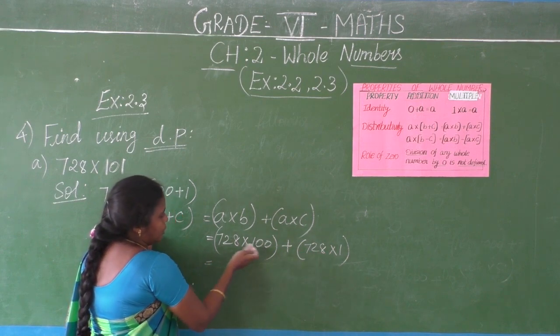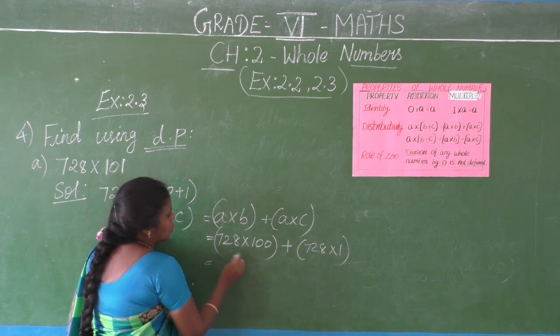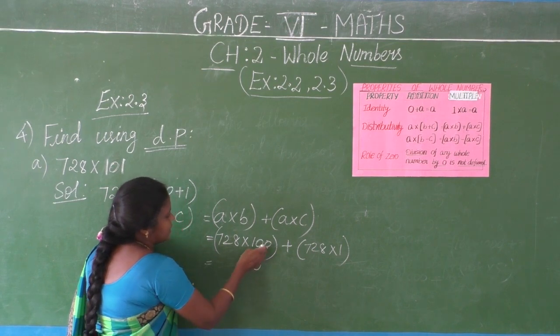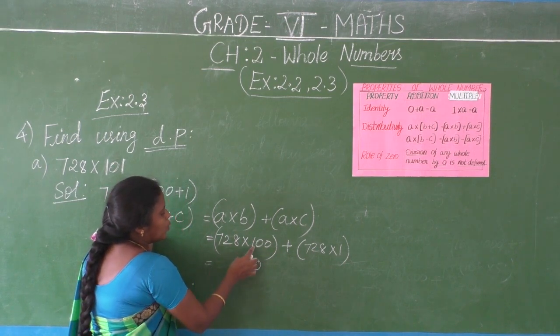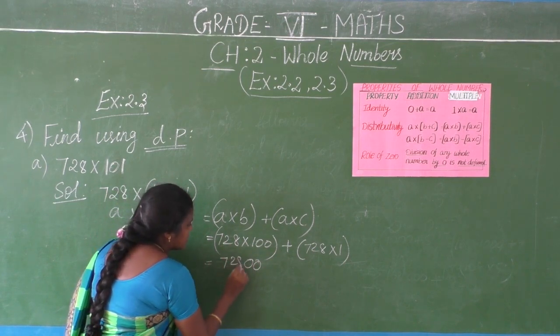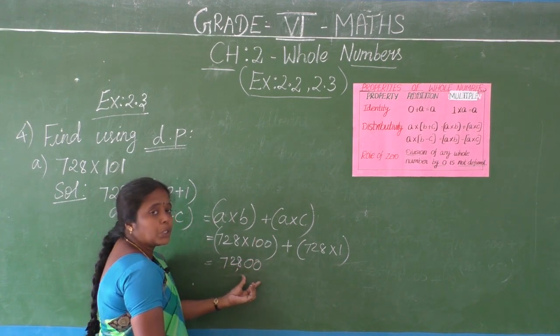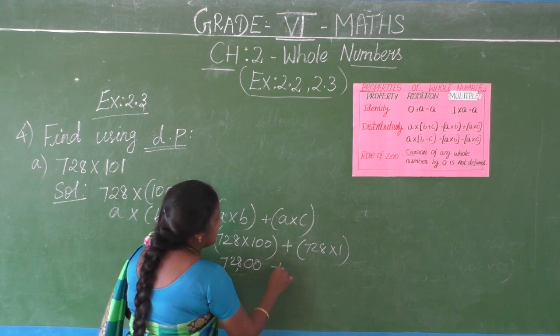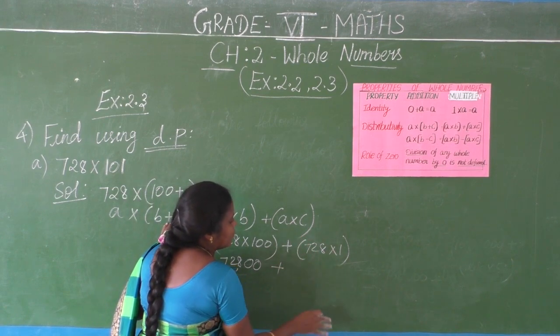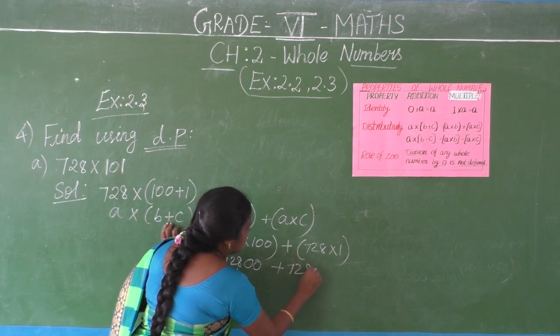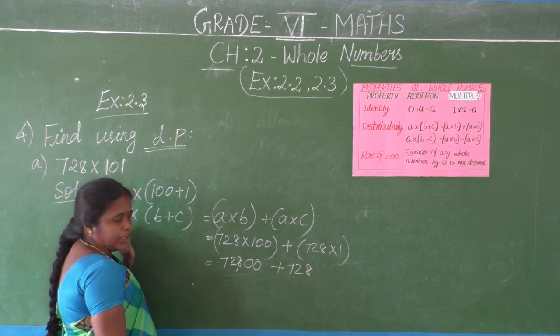A into B plus A into C. Now 0 into anything is 0 only, no? So two zeros. This into this is 0 only. Now 1 into 728 is 728. So the answer for the first part is 72,800 plus 1 into this, that only. So 728 into 1 is 728.